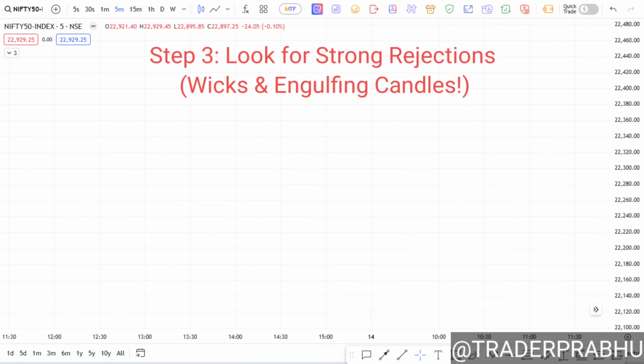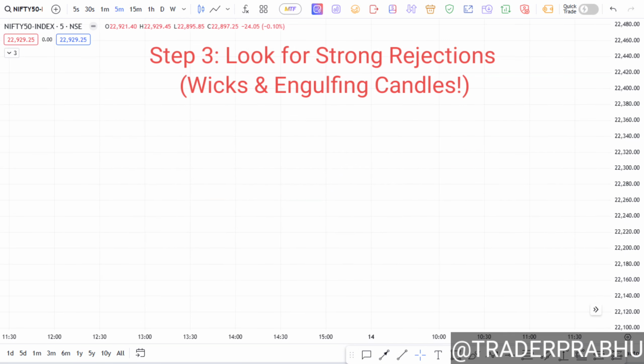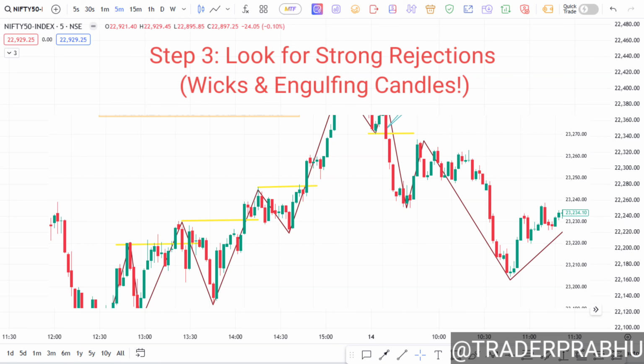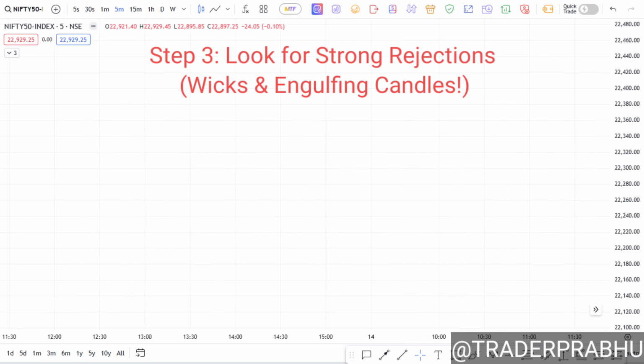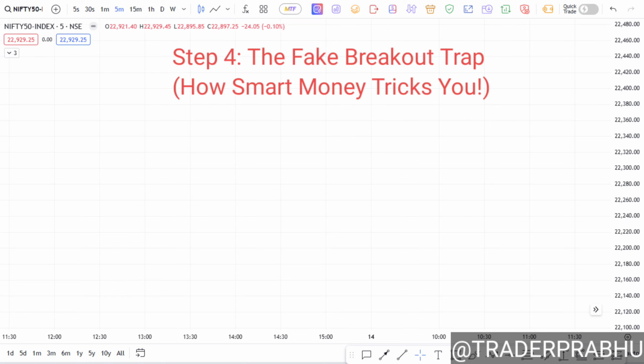Let me show you how this works. If price touches a zone and quickly reverses with a strong candle, that's a real level. If price slowly grinds through a level, it's weak and might not hold. If you see big wicks and strong candles at a level, that's where institutions are stepping in.